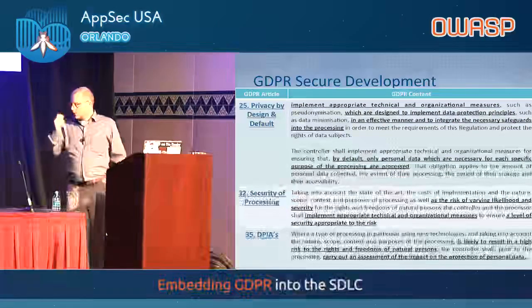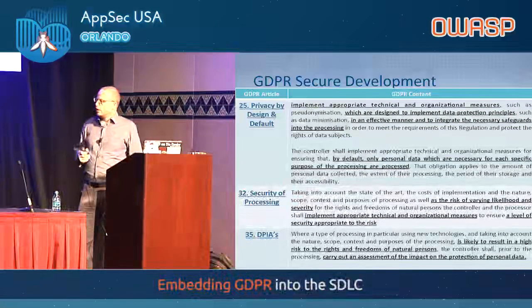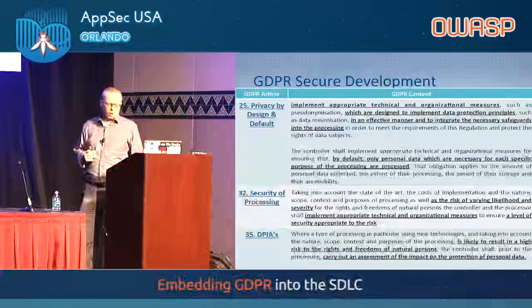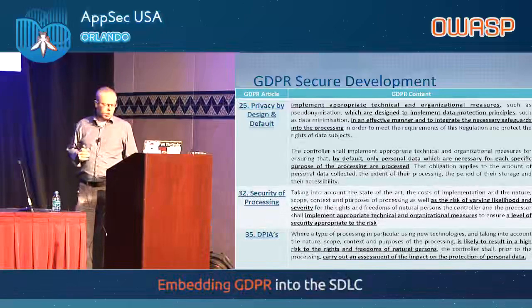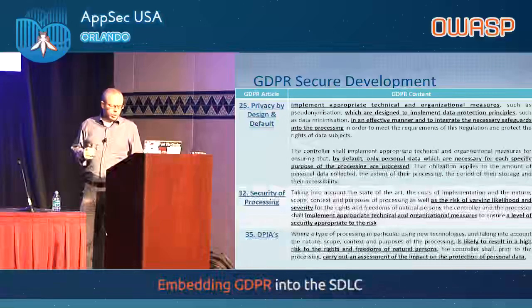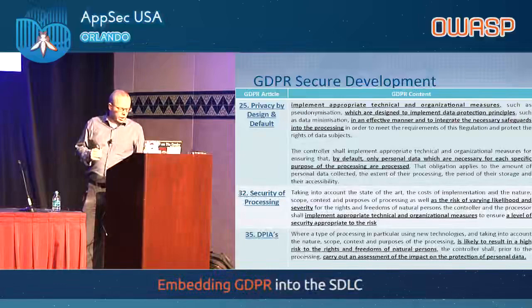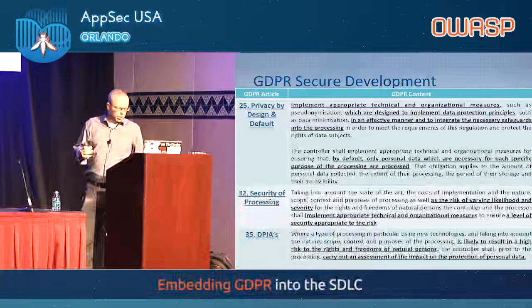Now, we put forward here 3 of the articles of the actual law, and we put some things in bold and underlined them because they might be interesting to have a quick look at. And if you just read a number of those words, it says things like implement appropriate measures, the necessary safeguards. It talks about something by default.